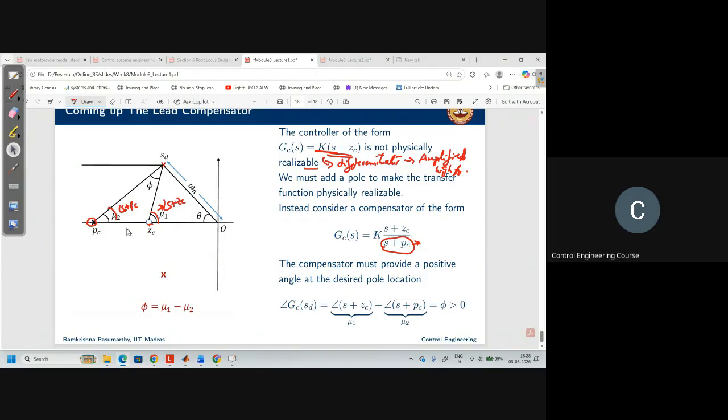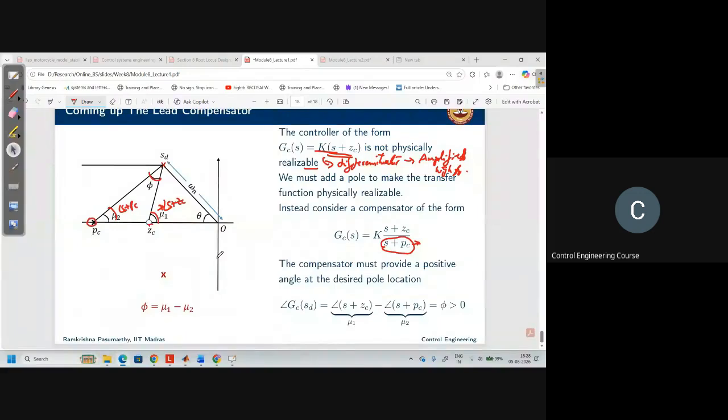The difference between those two is phi. This phi provided by the compensator should be equal to the angle deficiency that we already found from the open loop transfer function.